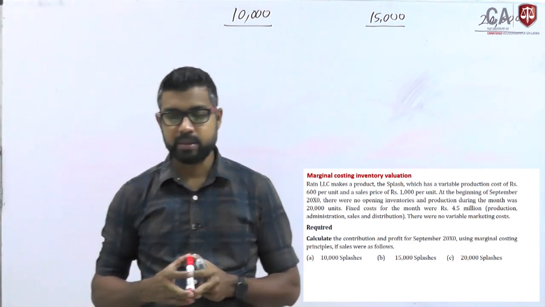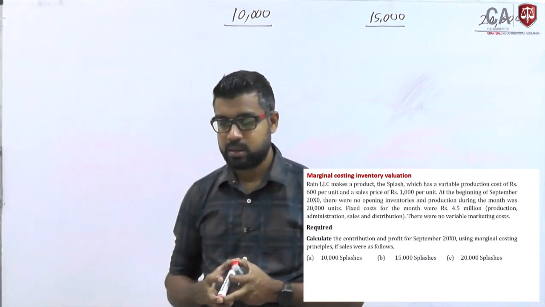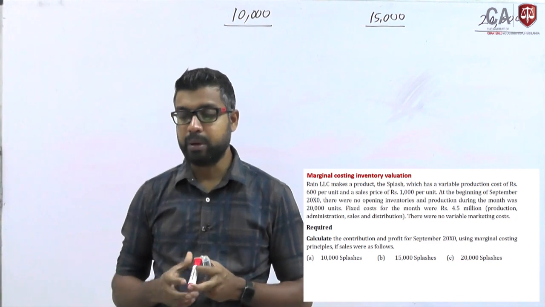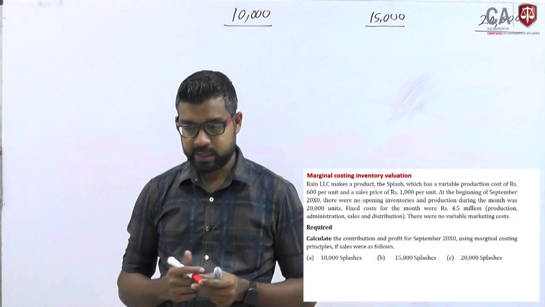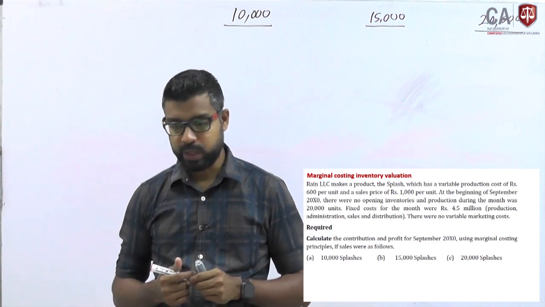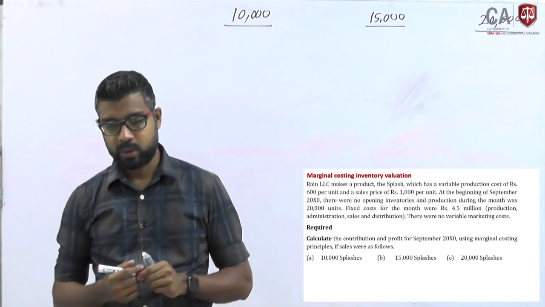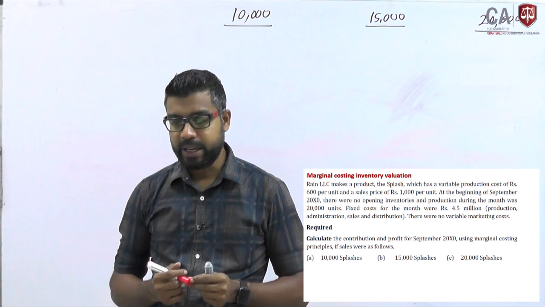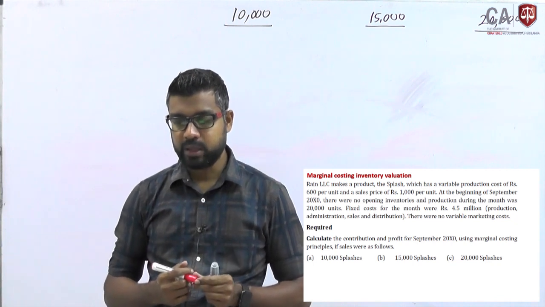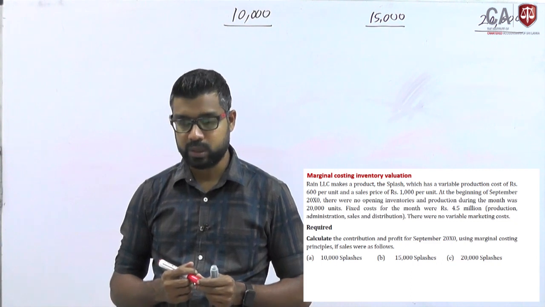Rain LLC makes a product, the splash, which has a variable production cost of rupees 600 per unit and a selling price of 1000 per unit at the beginning of September 2020. There were no opening inventories and production during the month was 20,000 units.